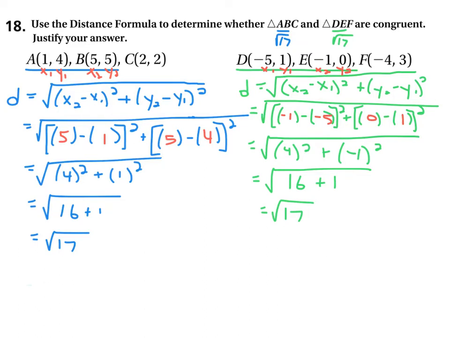I know this seems kind of long, but we're going to check it for all of the other sides. Sorry, I got a little interrupted there with a technical glitch. I'm going to use my eraser tool and pull out these numbers that I plugged in. We're going to start with new values up here, but I'm going to leave the distance formula here.